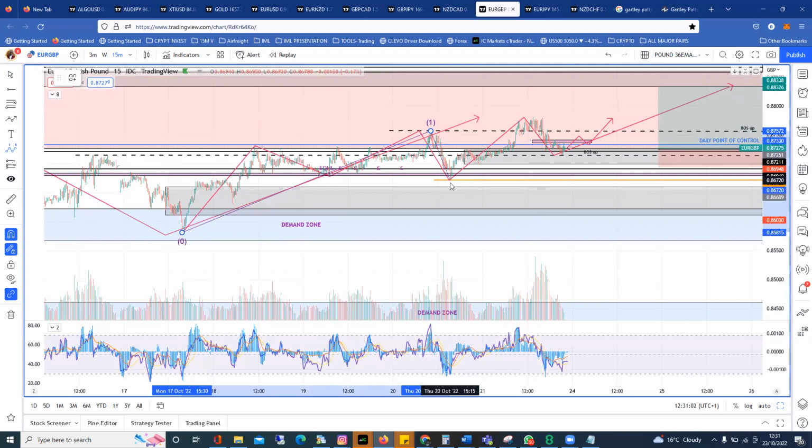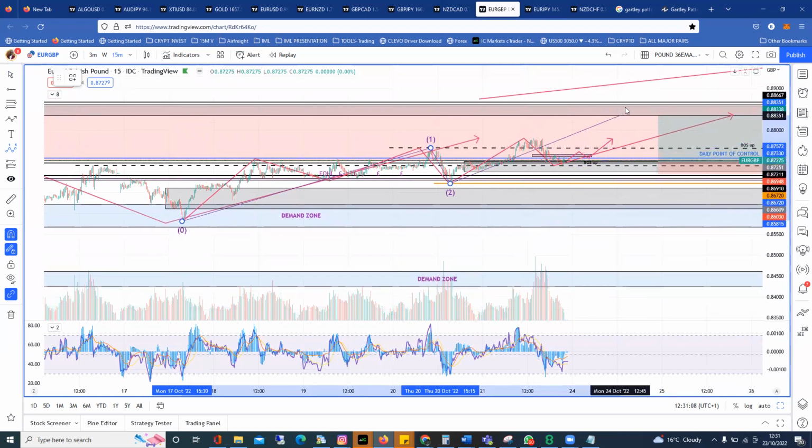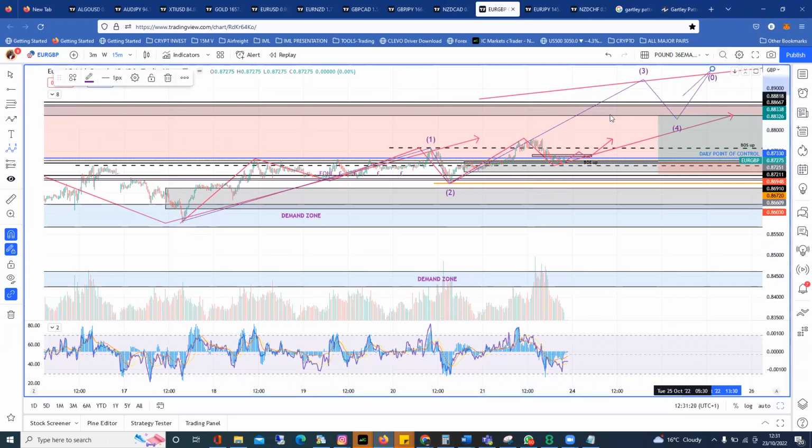So if that is 0 to 1, this is 1 to 2, and we are building 2 to 3 currently, that 2 to 3 might be the one that will break this high. And if it does break this high, we might see a 3 to 4 retracement back to there, and then a shift to 5.